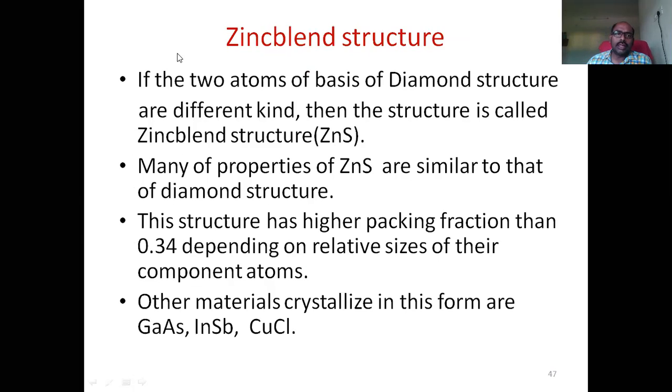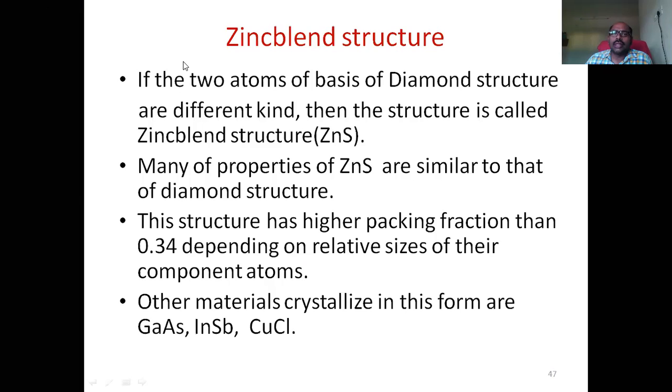So in this lecture, we have discussed sodium chloride structure, cesium chloride structure, diamond structure, and zinc blende structures.